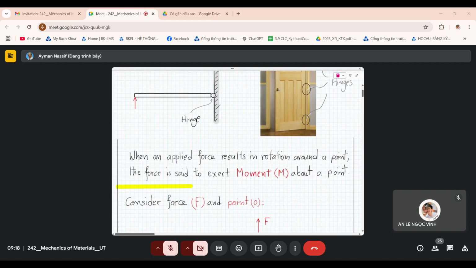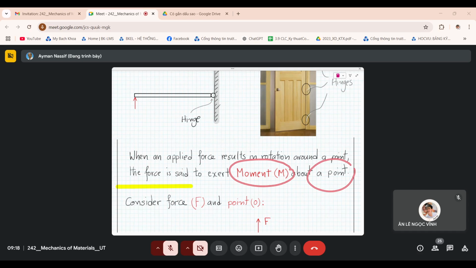So when an applied force results in a rotation or tendency of rotation around a point in the plane of the forces, the force is said to exert moment M about this point.